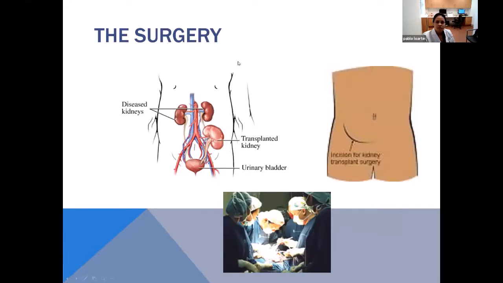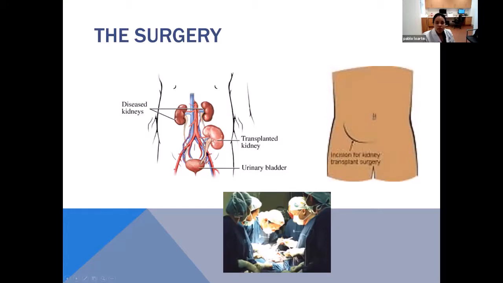So this is how the surgery is done. The native kidneys stay in place in their location. Then for the transplanted kidney, they usually anastomose the renal artery and the renal vein to the common iliac vessels or the internal iliac vessels.